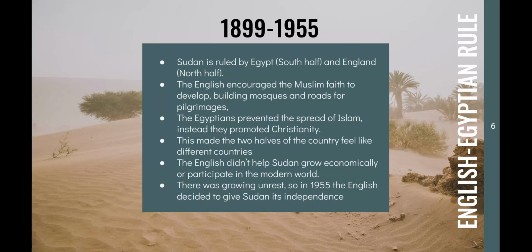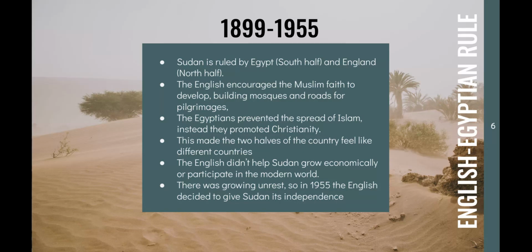Whereas the Egyptians in the southern half prevented the spread of Islam and they instead wanted Christianity to develop. They would send out missionaries, and the missionaries were the ones who were responsible for schools. So it made the people in the north, they had better schools because they were being taught by actual teachers, whereas the people in the South were just being taught by missionaries, so they weren't getting as good of an education.